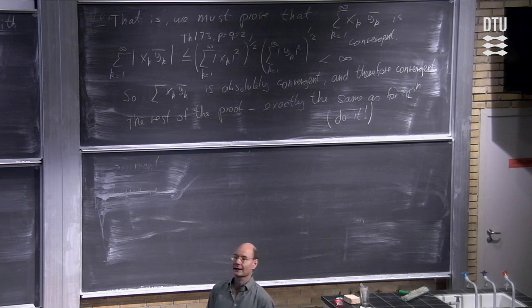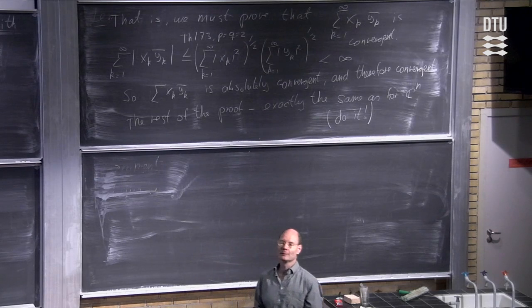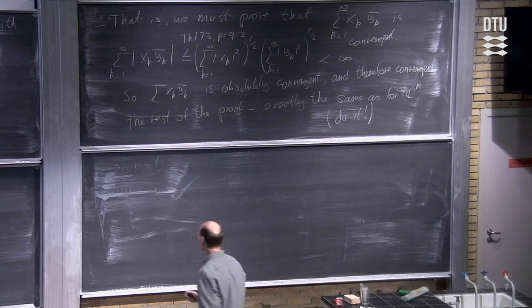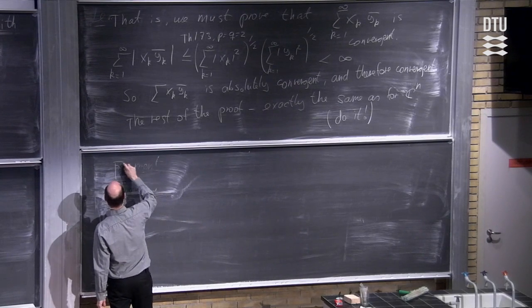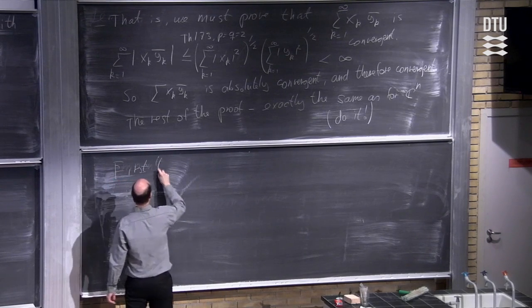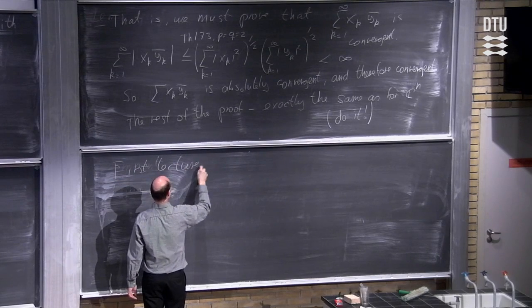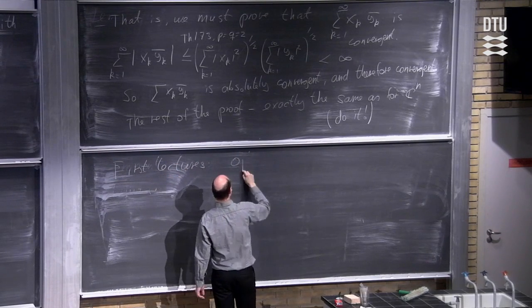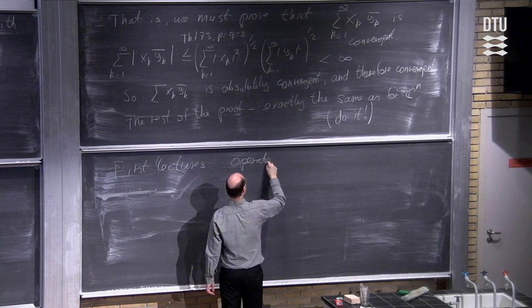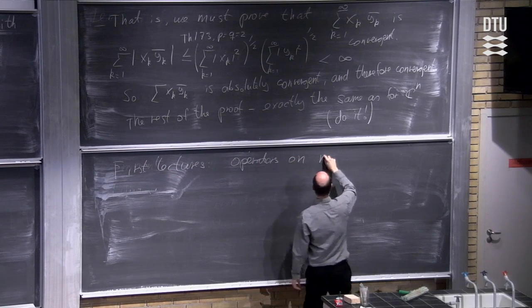So if you think back again to the first two lectures, you'll remember that we spoke a lot about operators. So in the first lectures, we had operators on normed vector spaces.